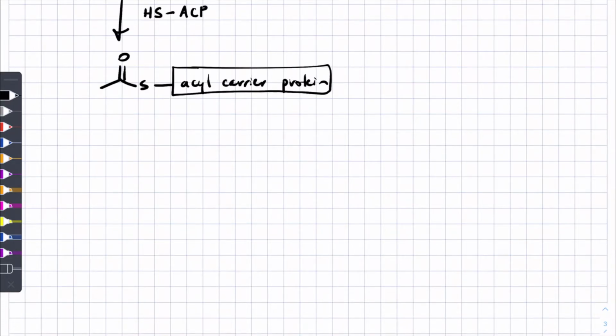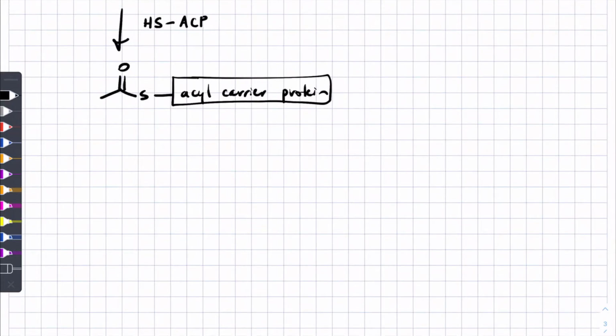Second, if this is a Claisen reaction, we need an enolate. And the enolate we get, you would think that nature could take this unit and just remove a proton and give you the enolate, and that seems reasonable.